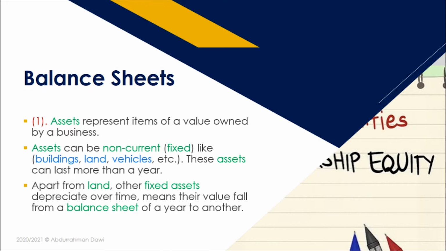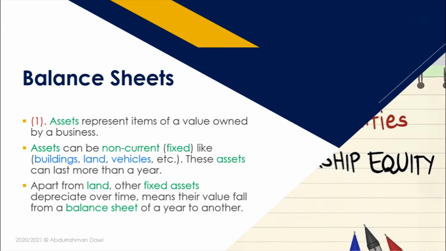The value will fall, and the point I'm trying to make is that the balance sheet of you as a business owner, when it comes to the fixed assets, apart from the land, of course, will change from one year to another. You will notice that the balance sheet from 2020 to 2021, for example, will decrease because these things lose their value over time. Okay, so this is about the non-current or the fixed assets.